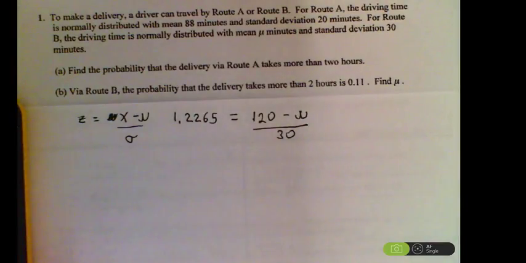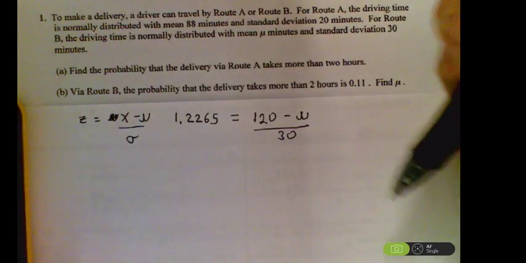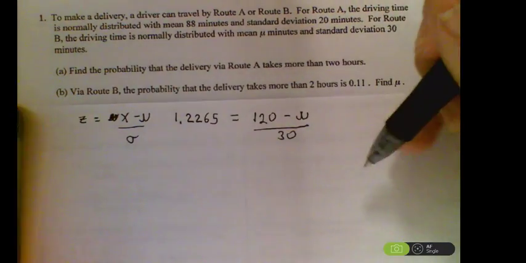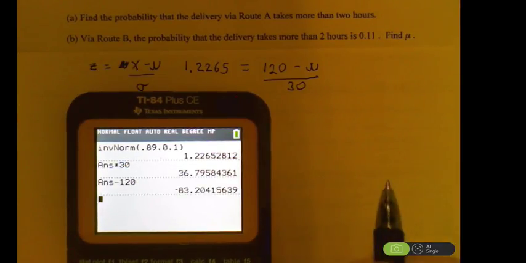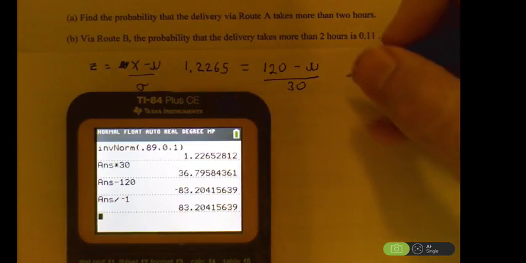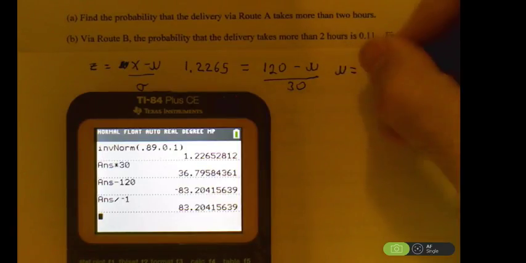So there's our setup. Now we can solve that equation for the mean. If we just multiply that 30 over to the left and then subtract the 120 and divide by -1, we have our mean. So I'm taking that z-score times 30 minus 120 and divided by -1. It's going to give us our mean, so about 83.2. That's the mean for route B.